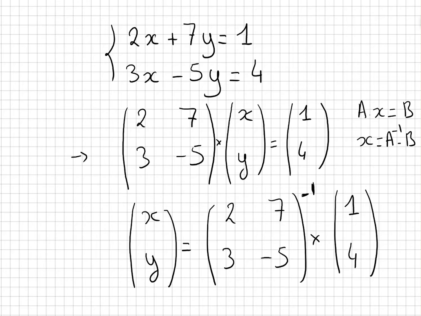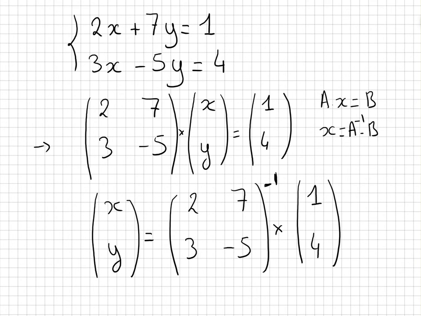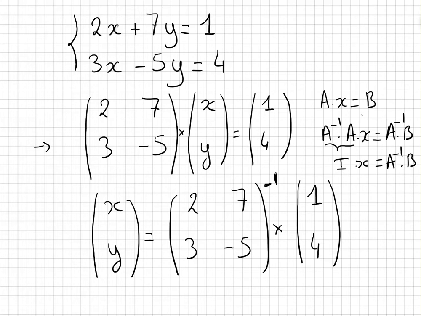We multiply in front by A inverse. A inverse times A times x is equal to A inverse times b, and A inverse times A is the identity matrix. So I times x is equal to A inverse times b. So finally, x, that we don't know, is A inverse times b.